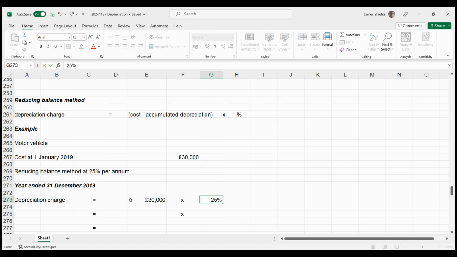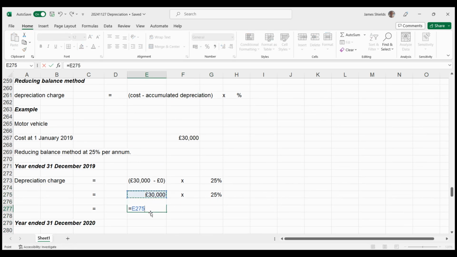Let's put the cumulative depreciation in here, which is £0, so you've got the full method in. £30,000, take away 0, times 25%. £30,000 take away £0 is £30,000, times our 25%, and 30,000 times 25% is going to give us £7,500.